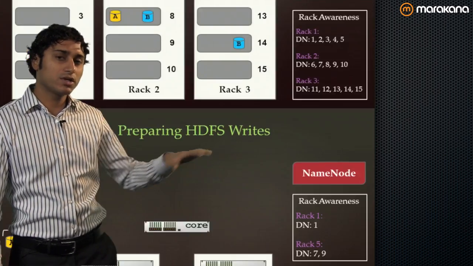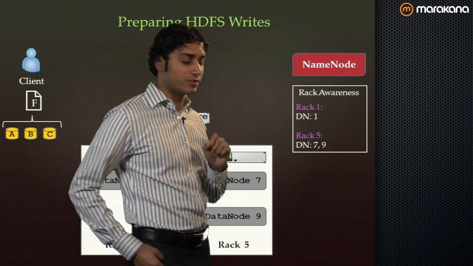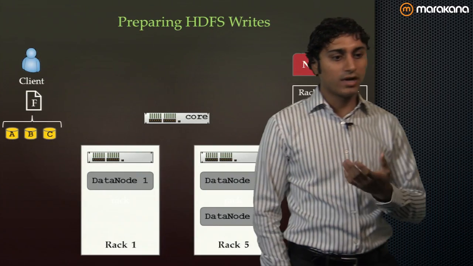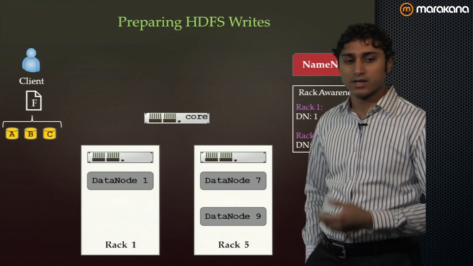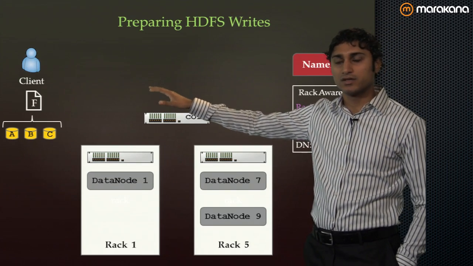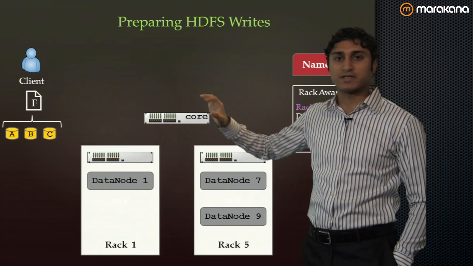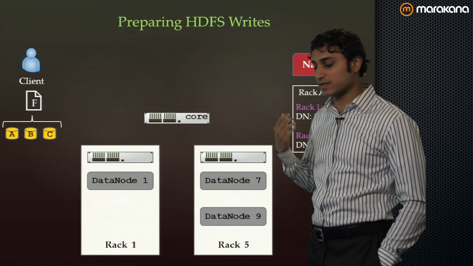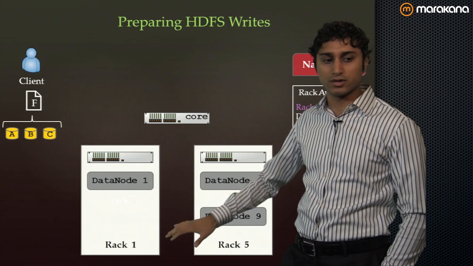So with that introduction to HDFS, let's take a deeper dive into how HDFS actually does the writes. On the left here, we have a client, like your laptop outside of the cluster, that has a file you want to load into your Hadoop cluster.